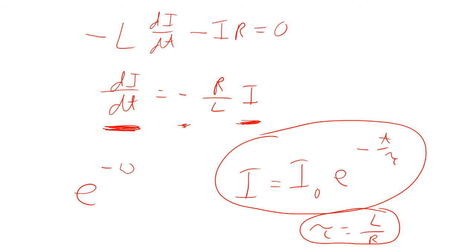This is exactly analogous to the capacitor. The current drops off over time, losing the energy. If you were to make a graph of current versus time, it would start off at I naught, whatever the current was initially when you threw the switch, and it's going to start dropping.